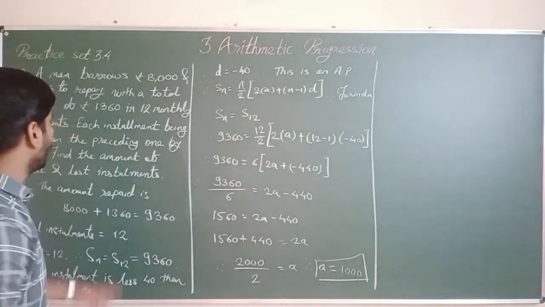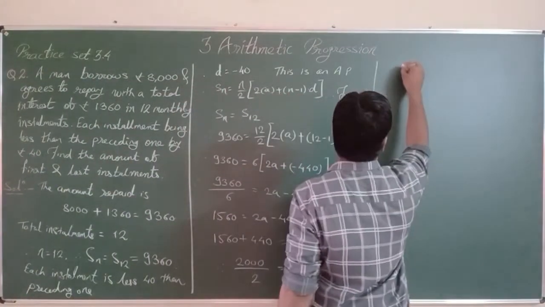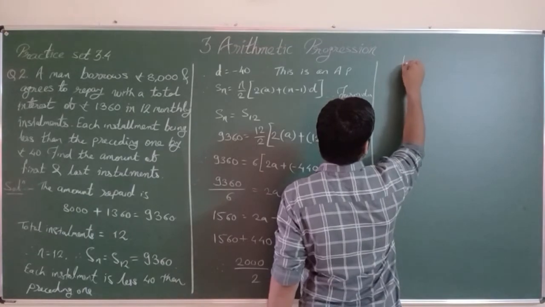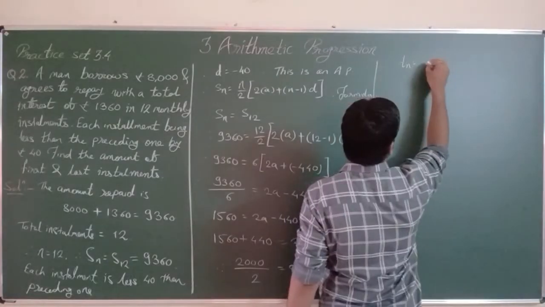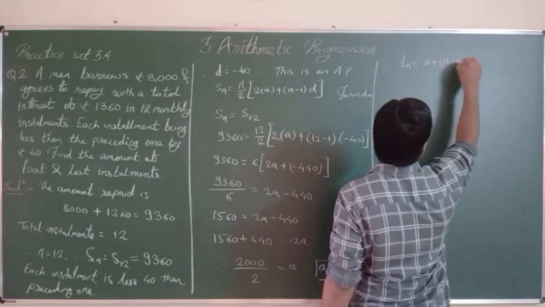Now to find the 12th installment, we will use formula of Tn. Therefore, Tn is equal to a plus n minus 1 into d.